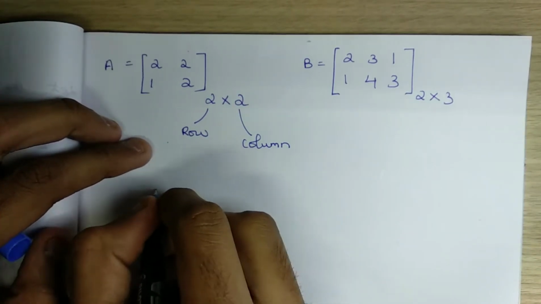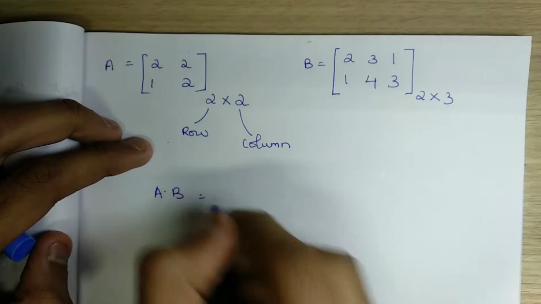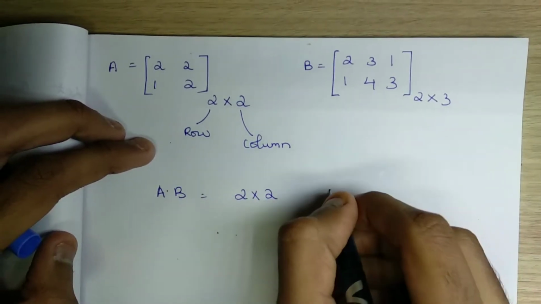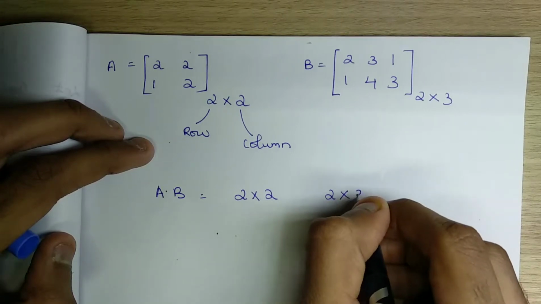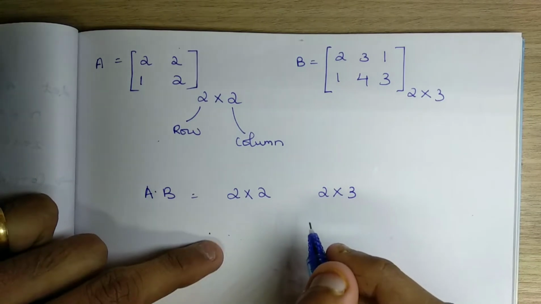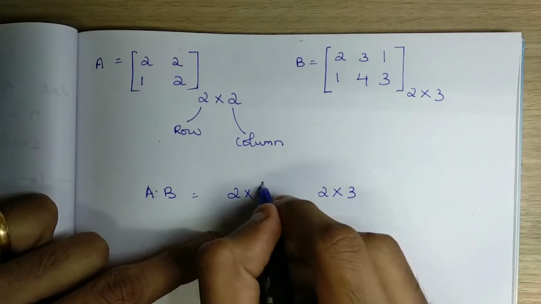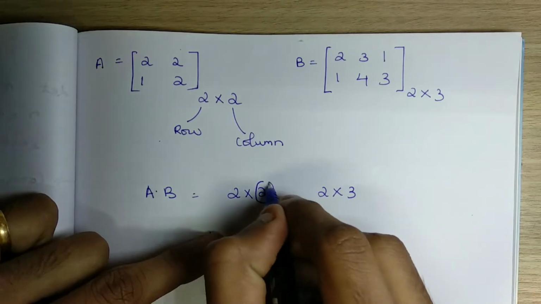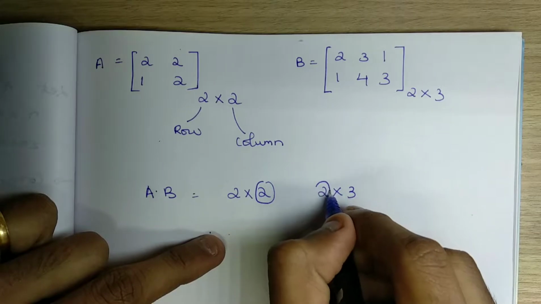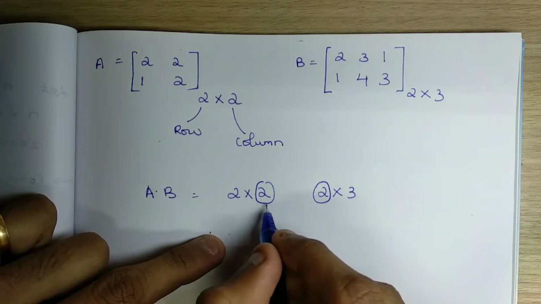So A into B, a 2 by 2 into a 2 by 3 matrix. According to what I said earlier, the column of the first matrix should match the row of the second matrix, which in this case is matching.